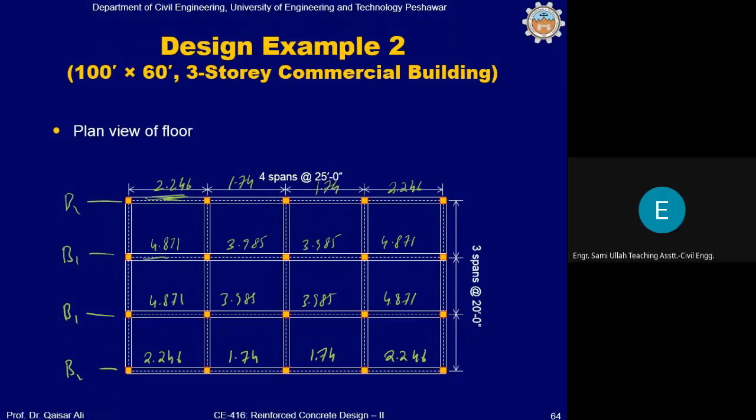Now add the self weight of the web with it. What is the cross-sectional area of the web? The beam cross-section was 14 by 20 inch, if you remember, and slab thickness was 7 inch. So what will be the depth of web? 13 inch.